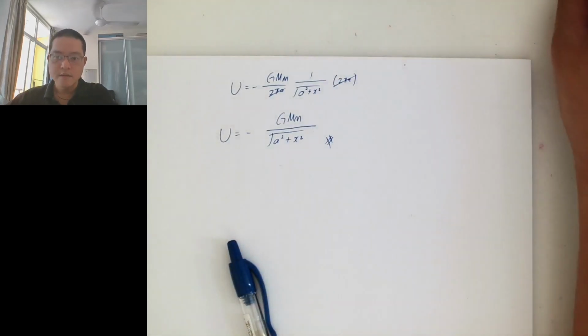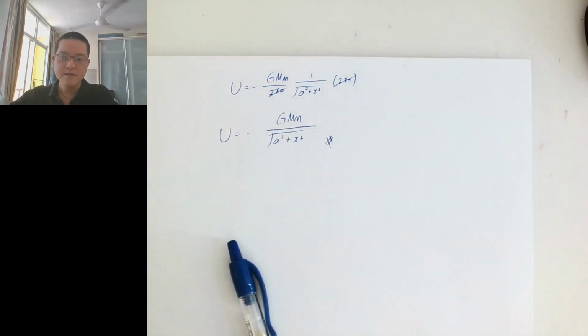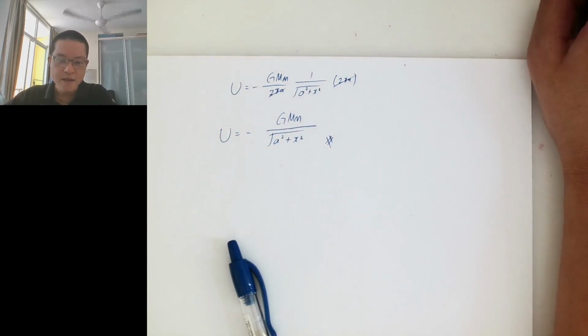Okay, so hopefully you can see why right angle, because you just need to get the distance. Just try to get the distance and you will use the Pythagoras theorem.